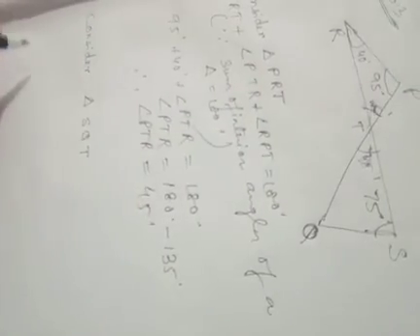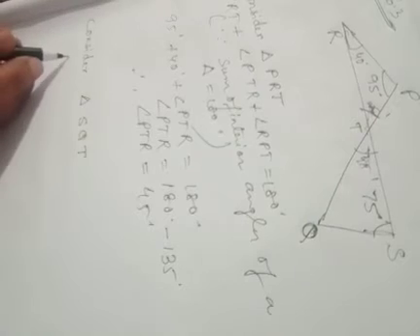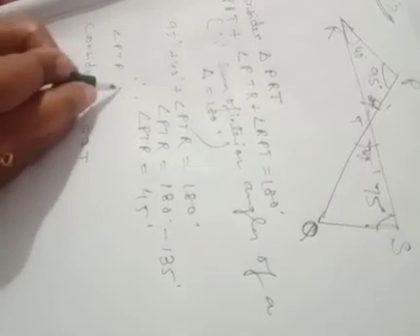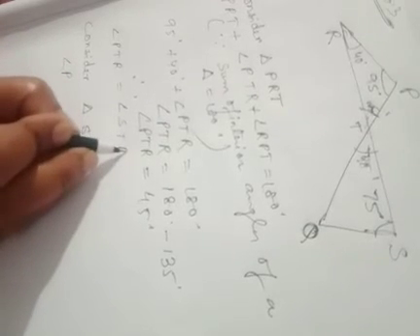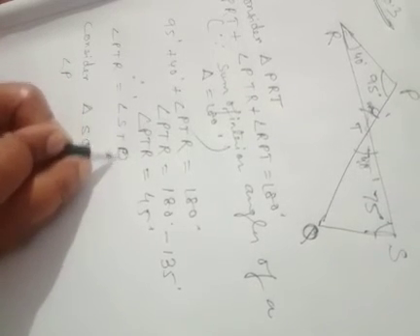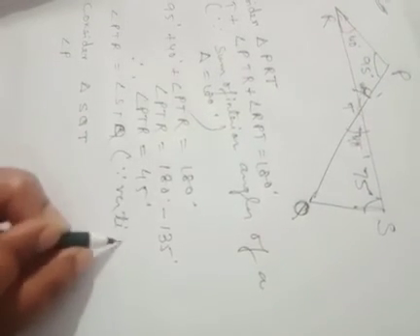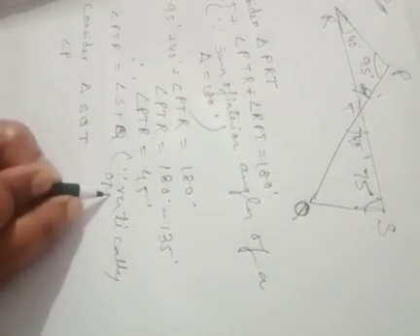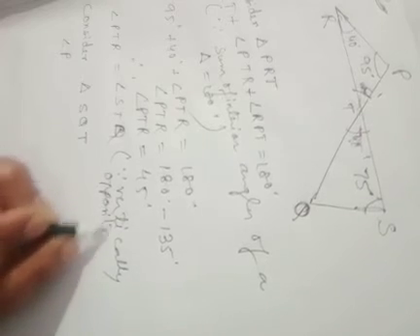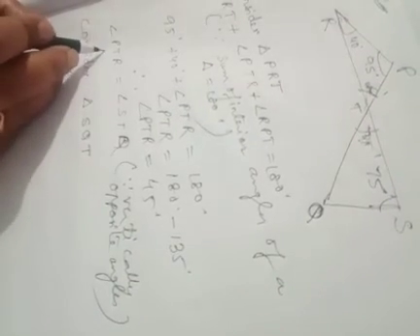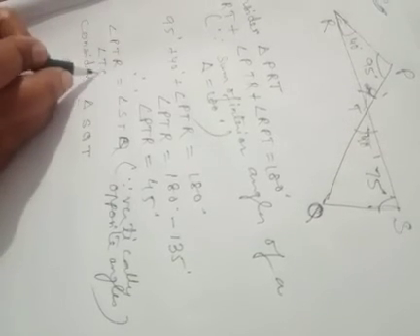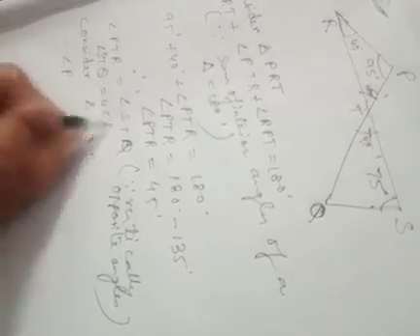So write down angle PTR is equal to angle STQ, because vertically opposite angles. So angle STQ should be equal to 45 degrees.